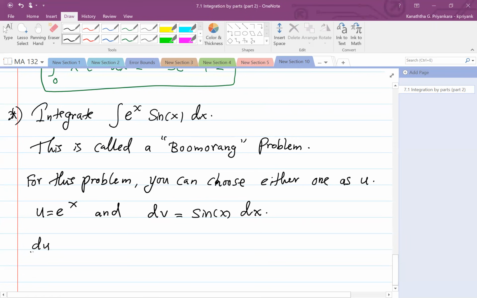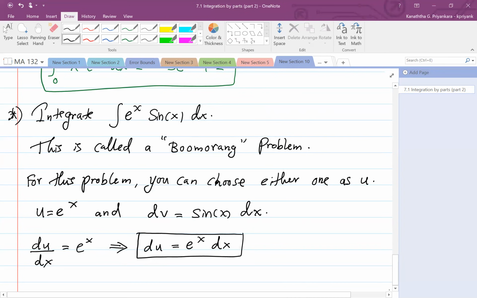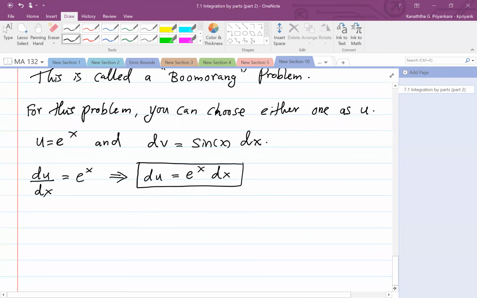I will take the derivative of u with respect to x, which is the derivative of e to the power x. Remember, the derivative of e to the power x is the same, e to the power x. So from this we get du, which is e to the power x dx. Now we need to compute v.